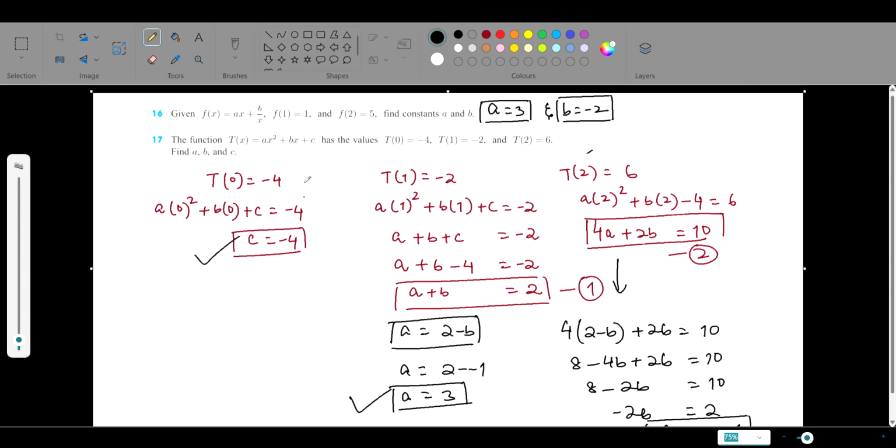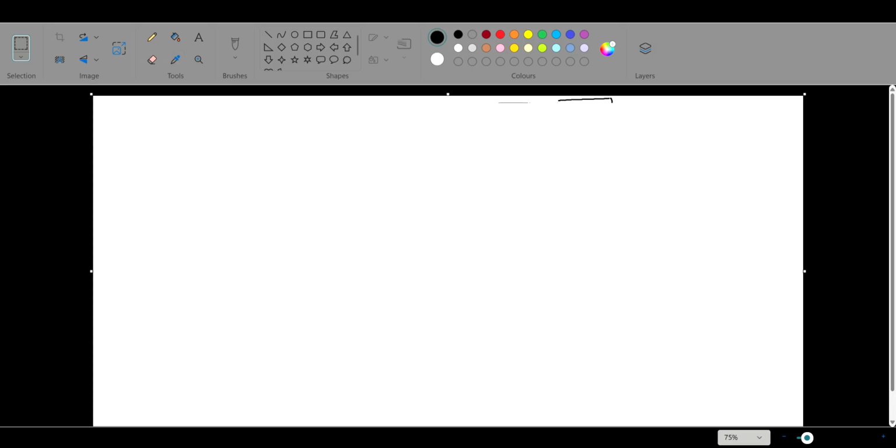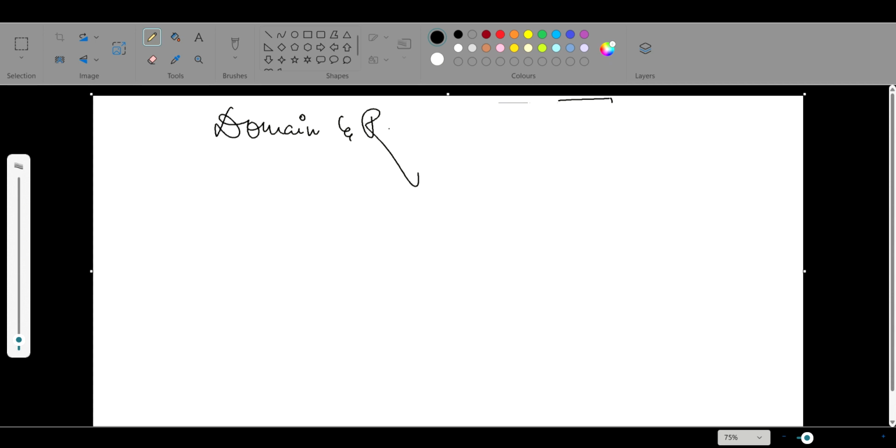Now come to our next topic, that is domain and range of function. So we just understood the relation between two variables x and y, and we call one of the variables the dependent variable and the other the independent variable, right?